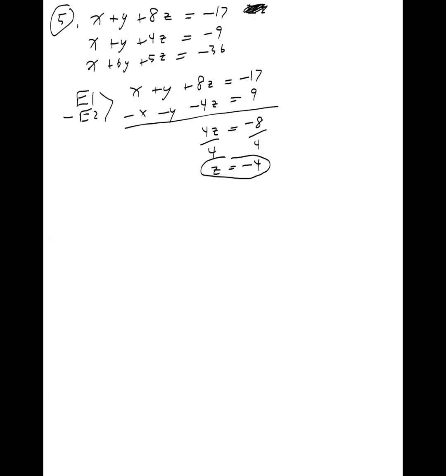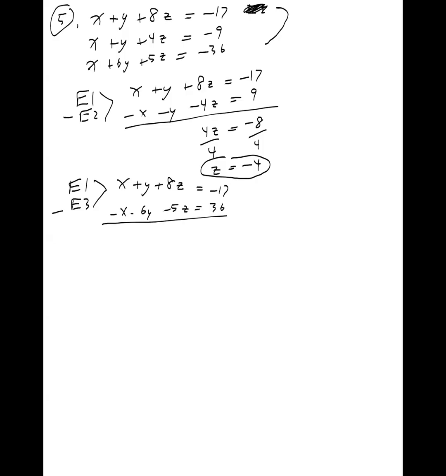So what about if we did equation 1 minus equation 3? So let's take equation 1 and do a negative equation 3. Equation 1 again is x plus y plus 8z equals -17. Minus equation 3 is going to be -x, -6y, -5z equals +36.